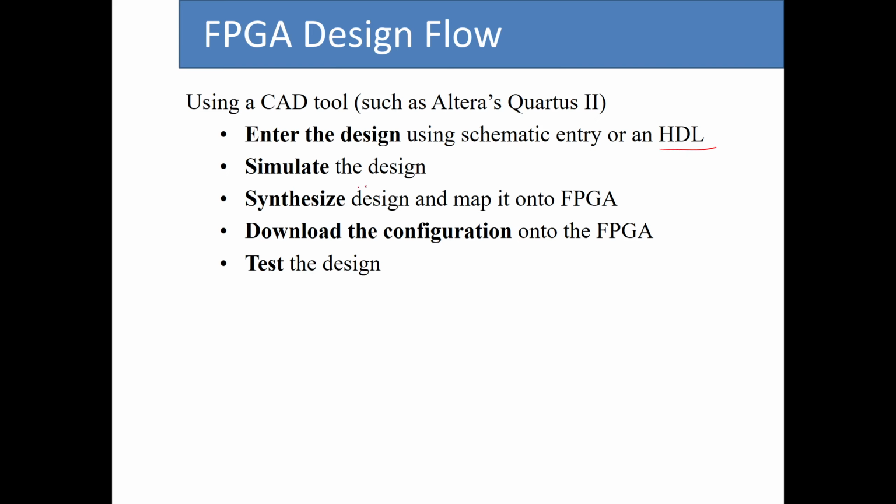Then we simulate the design, and after everything is checked and we are sure that our design is correct, we can synthesize the design and map it onto the FPGA. We can download the configuration onto the FPGA and then test the design. Of course, if anybody is interested in this process even more, you can refer to more advanced resources on FPGA programming and design.